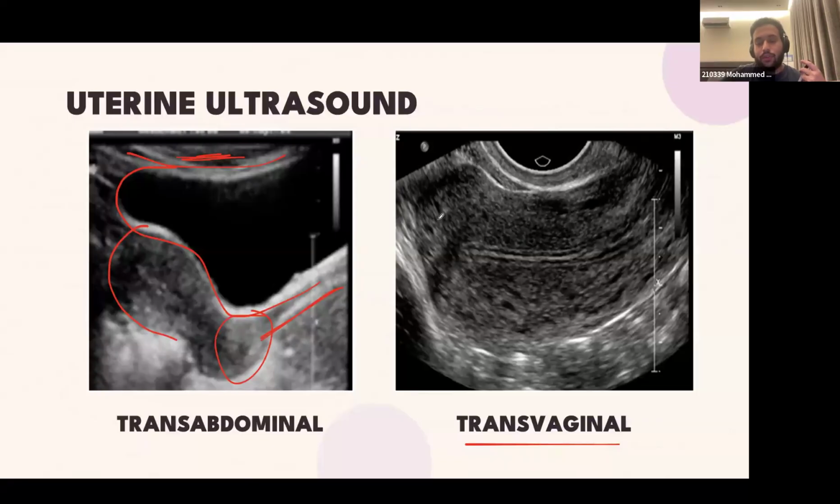Important thing to look out for in an ultrasound of a uterus is this, which is the endometrium. This is the endometrial lining. Very important is its thickness. In a postmenopausal woman, specifically, if this thickness exceeds a certain amount, this is something that we call hyperplasia. This certain amount is 5 millimeters. If it's more, hyperplasia.